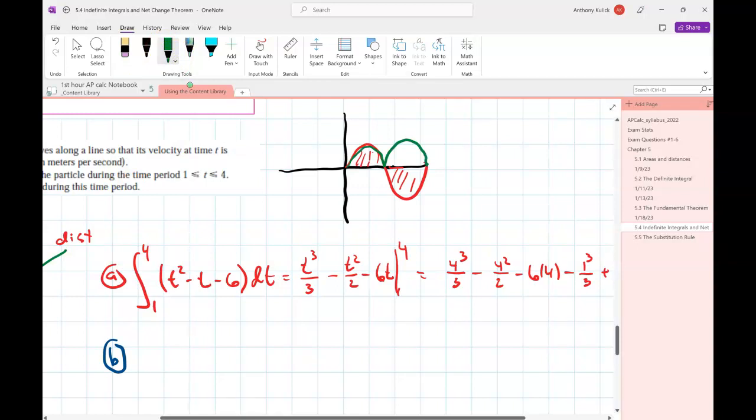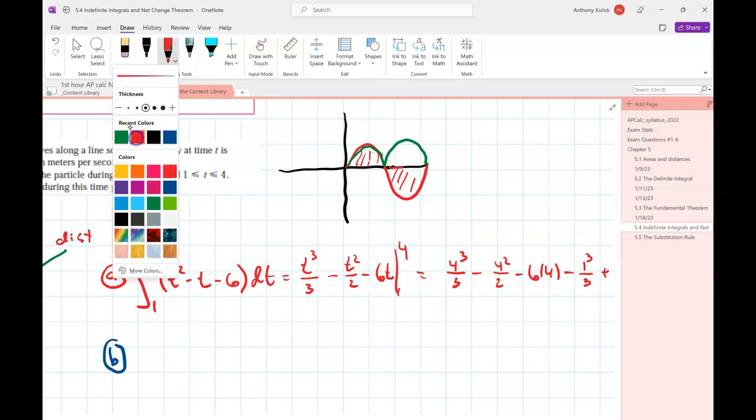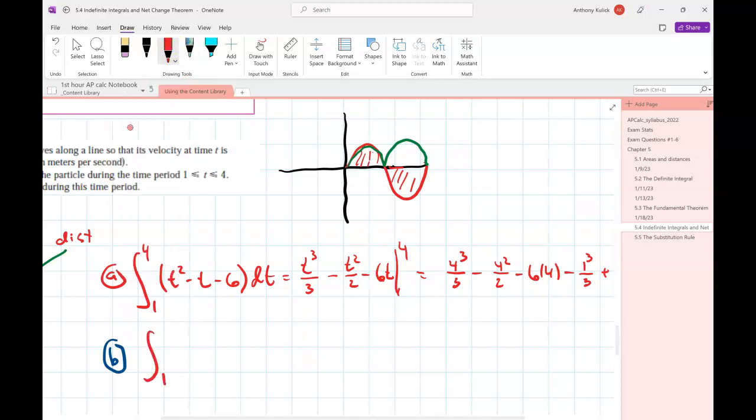So I'm going to take the absolute value, 100%. That's right. So to get the distance, I'm going to do the absolute value of that. How do I do the integral of an absolute value?